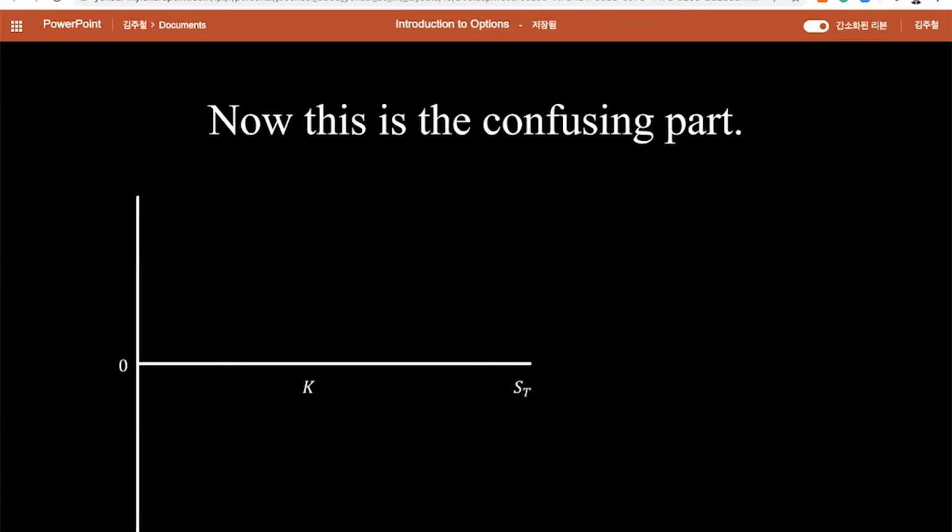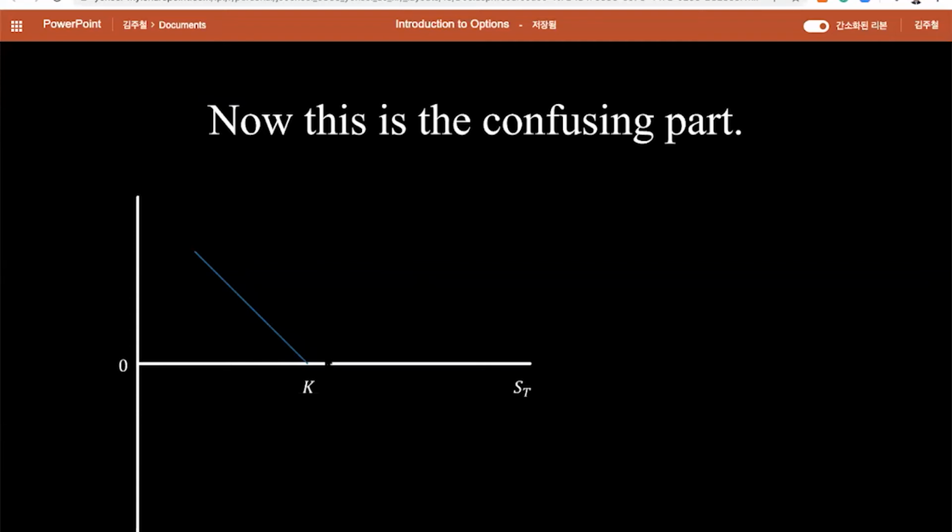Okay, and next, now this is the confusing part. You can understand the call option as: I have the right to buy, and the opposite person sells me that right, so he only has the obligation to sell, because I have the right to buy and he has to sell it. But this is the other part.